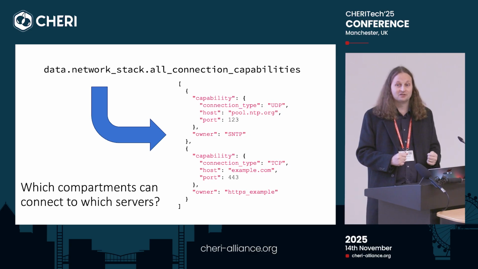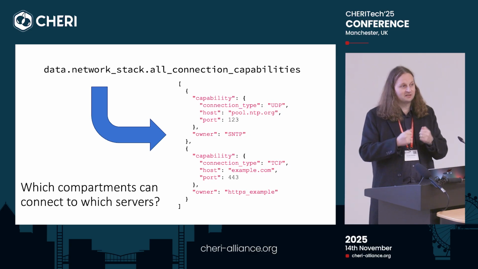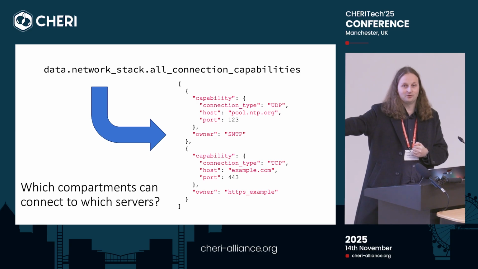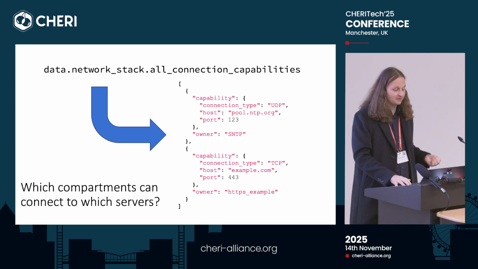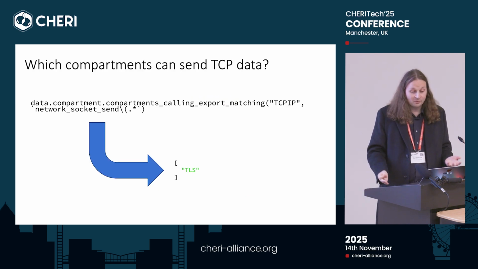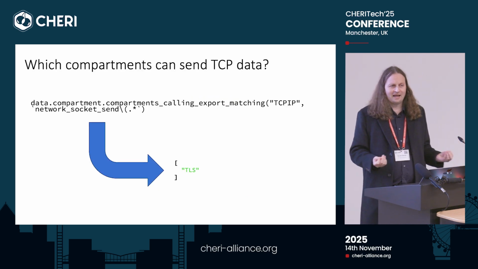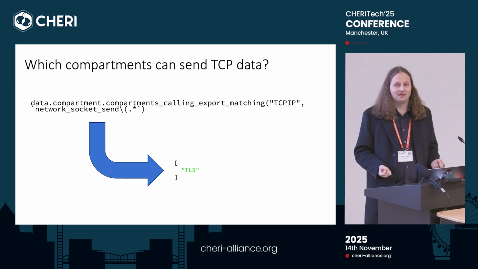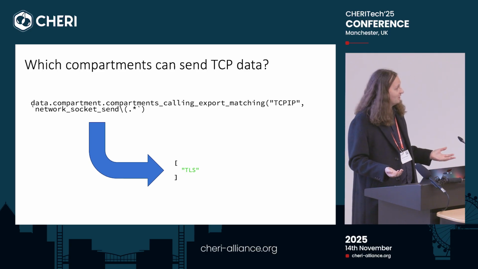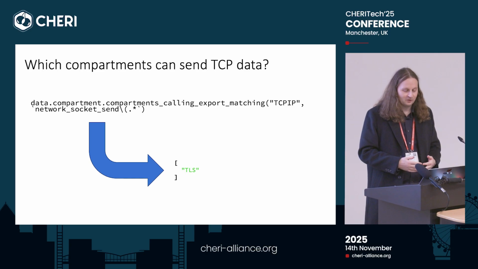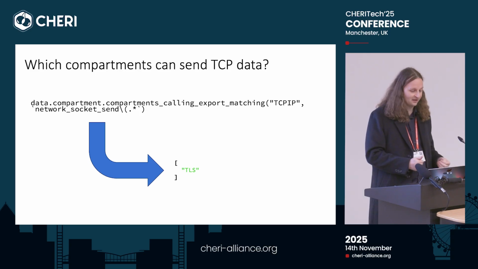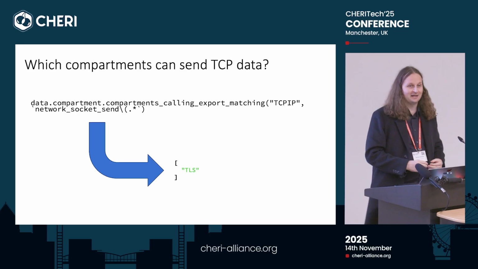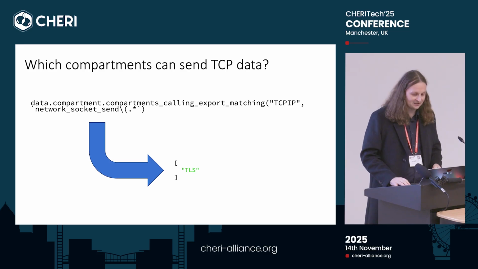So these are not just this compartment can do this, but this compartment might ask the TLS stack to connect to this server on its behalf. Capabilities can be delegated. That's one of the things that makes them so nice. And you might want to say, well, can unencrypted data leave my device via a TCP socket? So maybe you ask, well, who is allowed to call the function in the TCP/IP compartment that sends data? And hopefully you get a list that has one element in it and is the TLS stack.